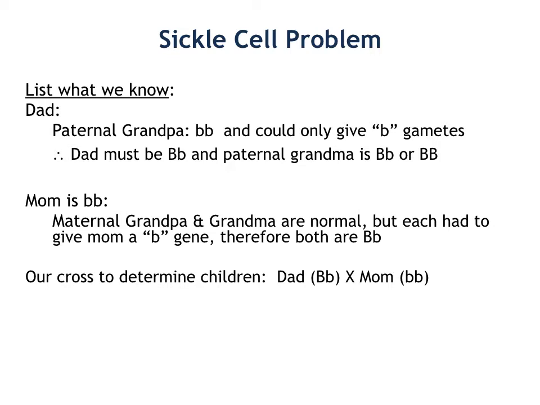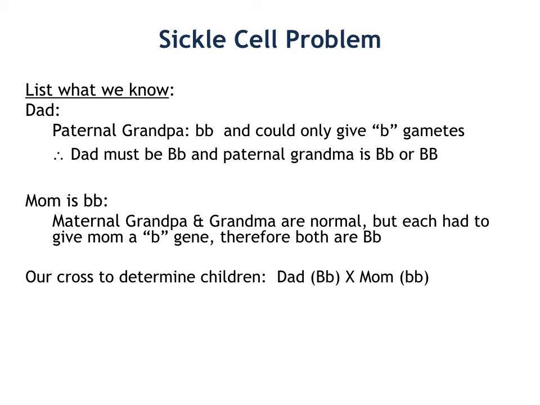Okay, now for Dad, what we learned was that his grandfather, the paternal grandfather, had sickle cell disease. So therefore we know that the paternal grandfather had to be little b, little b, and could only give little b gametes to any of his children.